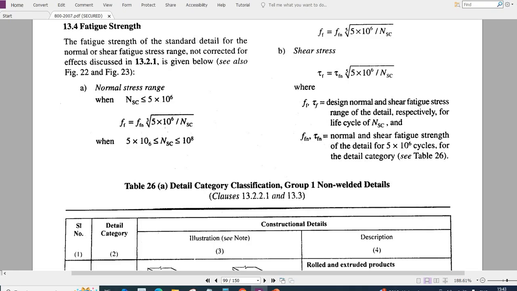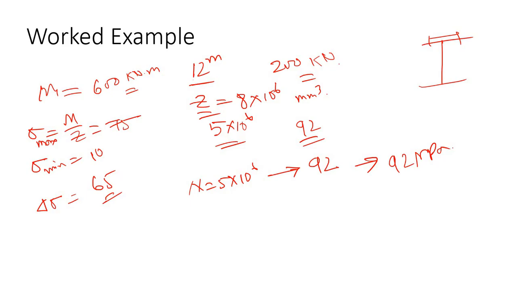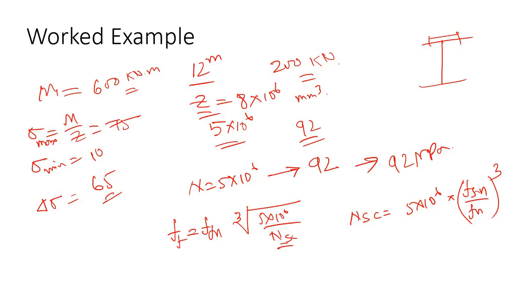What will be the formula for Nsc? Let's go to, so we have this formula: Ff by Fn and the cube root of 5 into 10 to the power 6 divided by the number of stress cycles. So Ff is now known to us. So this is the modified formula, and what is the value of Fn here?